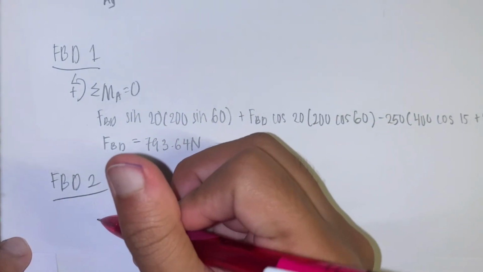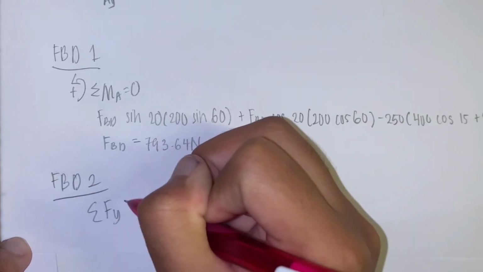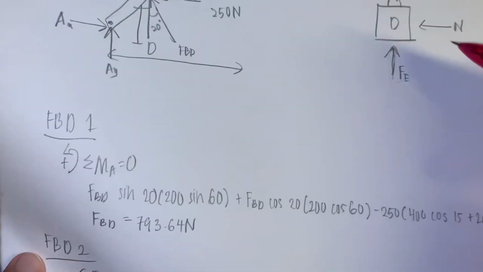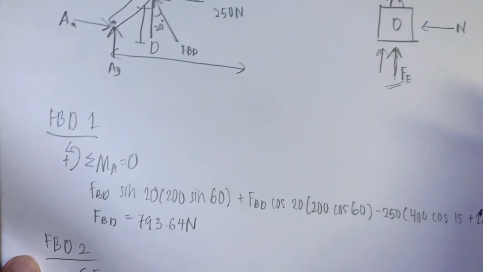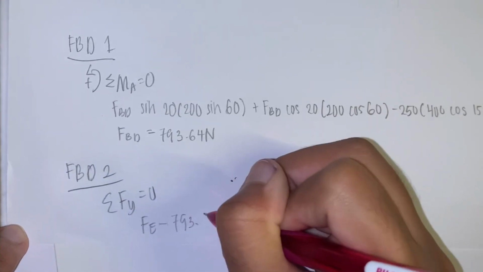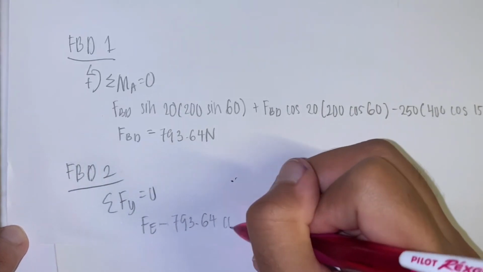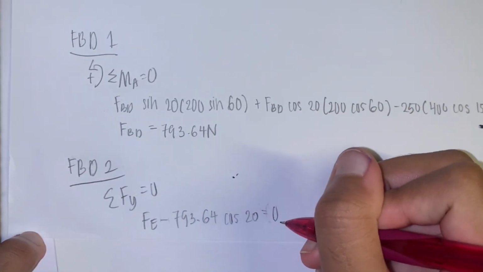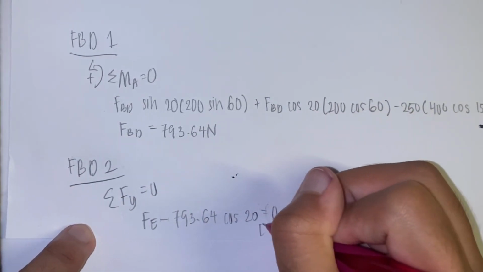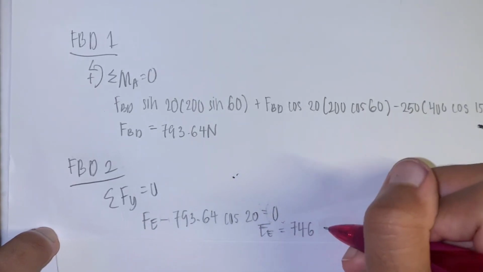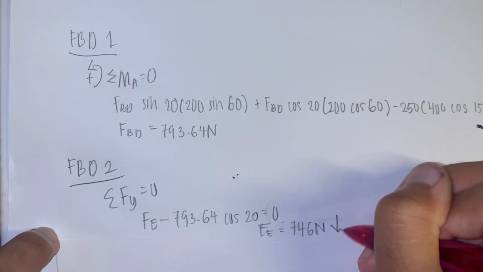So we move into FBD 2. Sum of Fy equal to 0. As you can see, Fe is pushing up and minus the force pushing down, 793.64 cos 20 equal to 0. So Fe equal to 746 Newton, which is pushing down.